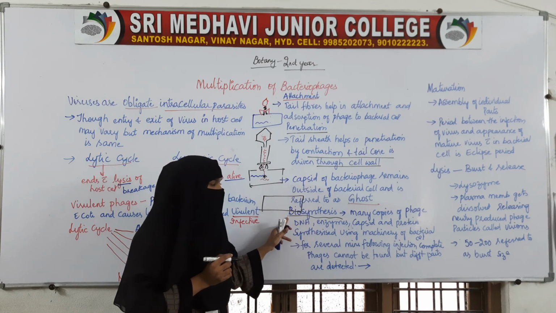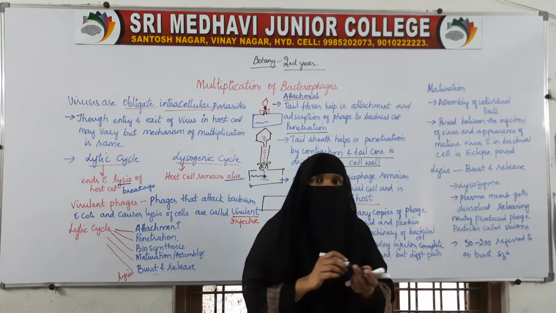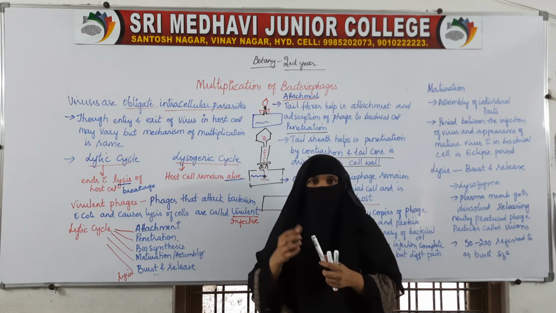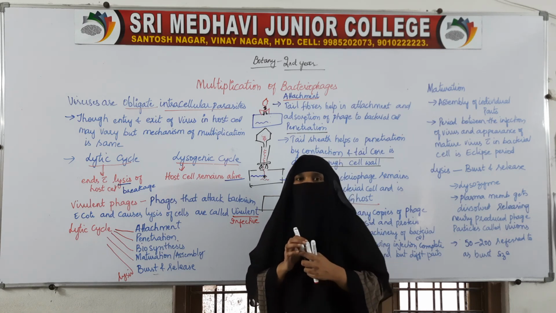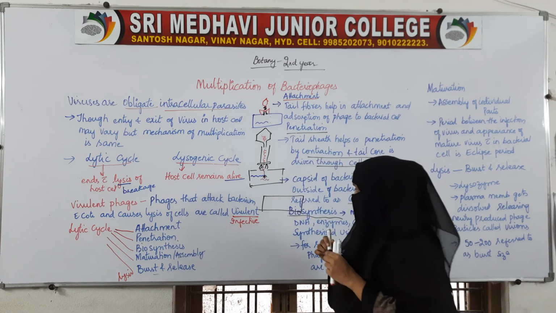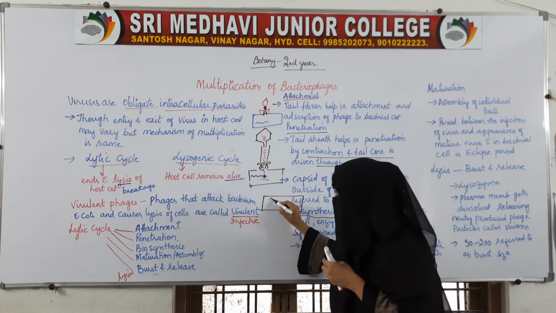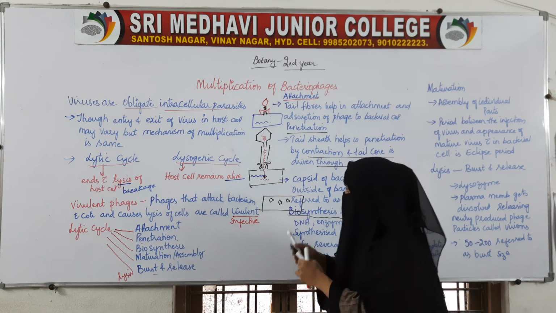The third step is biosynthesis. In biosynthesis, individual particles like the capsid, head, genetic material, tail fibers and tail pins are formed. For example, this is the bacterial cell. Inside it, a few head particles will be formed, then a few tail particles.